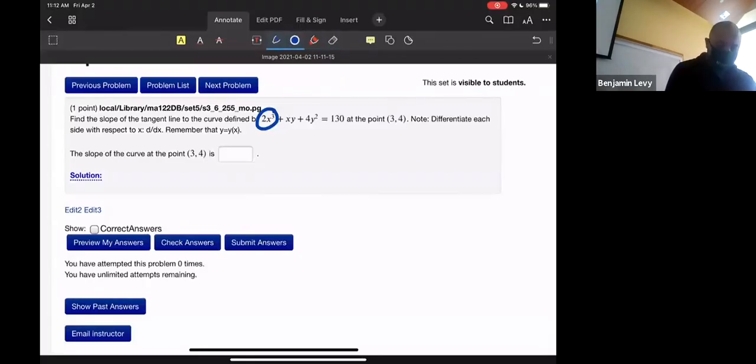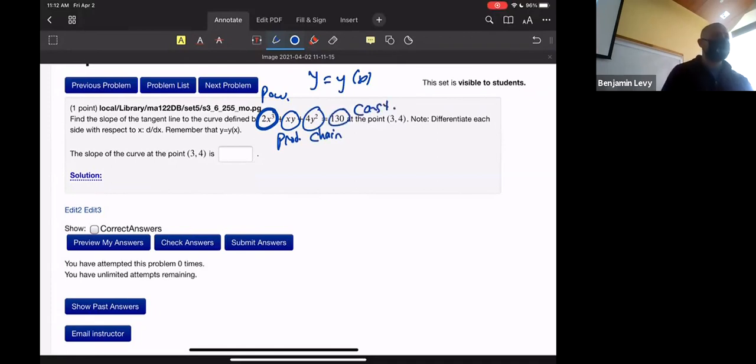Okay, so y is a function of x. So this is just a power rule, but this is going to end up being a product rule, right? And this is going to be a chain rule. And this is just a constant rule. So just identifying the rules is obviously the first step there. Does that all seem okay?